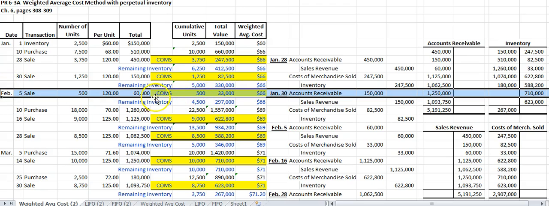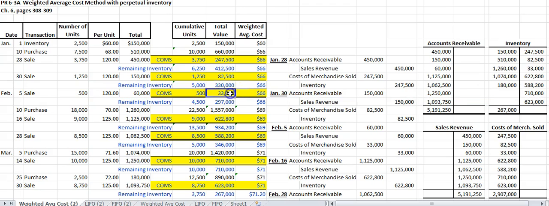And so our two key figures here are the 33,000 cost of merchandise sold, 60,000 for sales revenue, and we come down here and we see that the entry is this one here. And as you can see, we're using the two major calculations. Well, really one major calculation. This one is given by the problem.